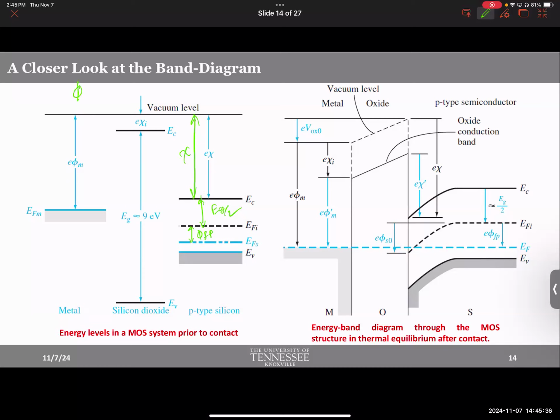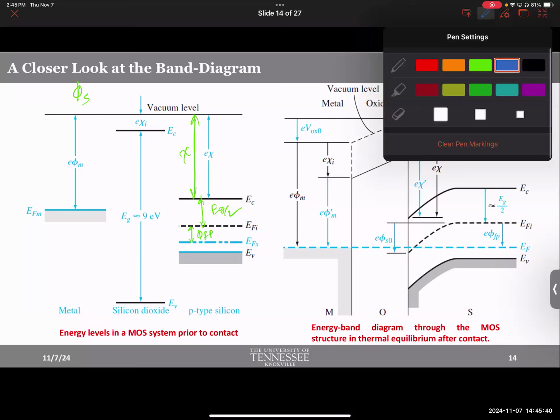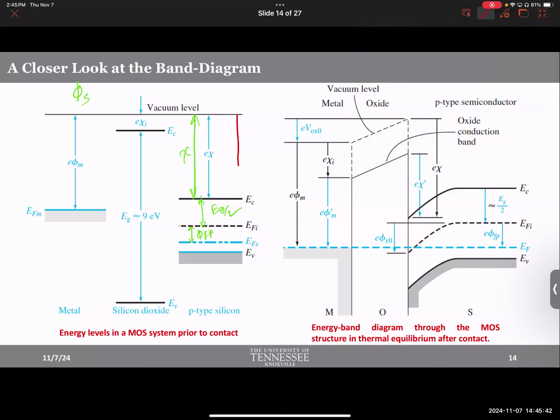Can I write that phi S, which is, let me show you with a different color, maybe red. This is phi S. Phi S would be chi plus EG over 2 plus phi FP. Can I write it, just looking at the geometry? Any problem?